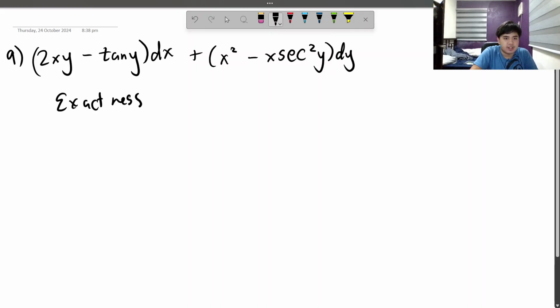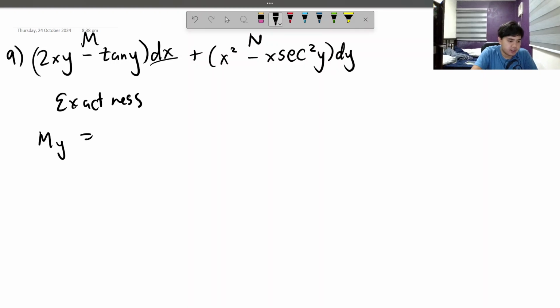Let's check for exactness. This is M, this is N in this scenario. So M, and this is dx, partial with respect to y. So 2xy, derivative with respect to y, that is going to be 2x, minus derivative of tangent y with respect to y is secant squared y.